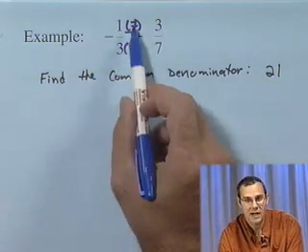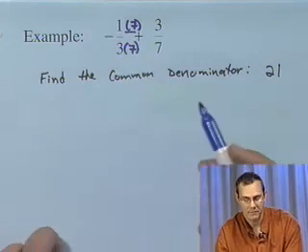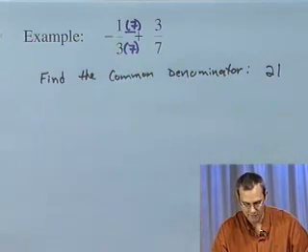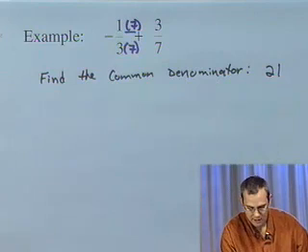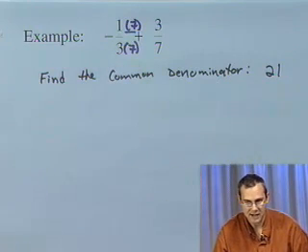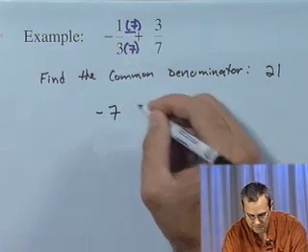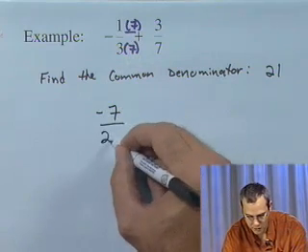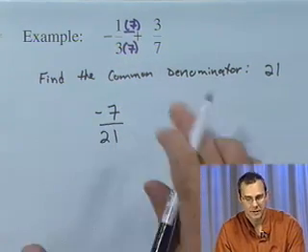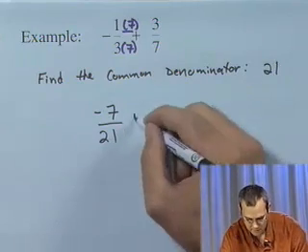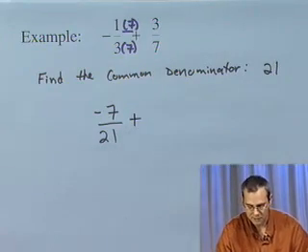Now notice 7 divided by 7 is just 1, and I can always multiply a number by 1. That's not going to change the number. So if I multiply this expression by 7 over 7, I'm going to get negative 7 on the top over 21.